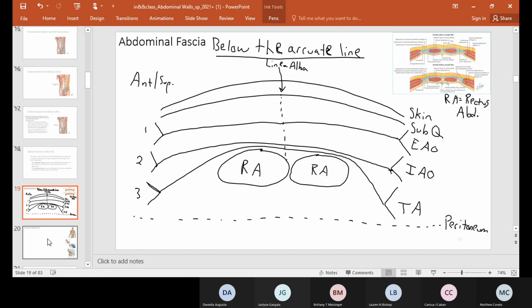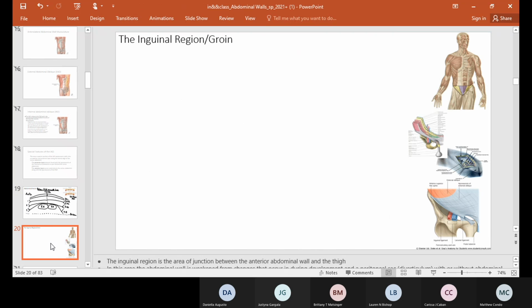So basically, first picture, I did my cross section up here. Second picture, I did my cross section down here. All right. Everybody good?